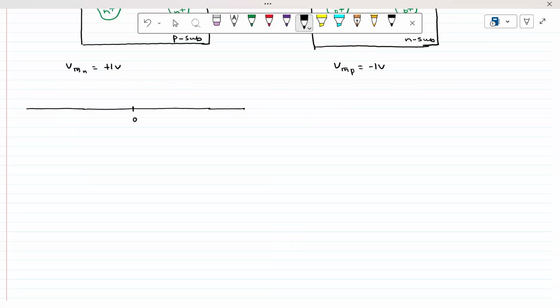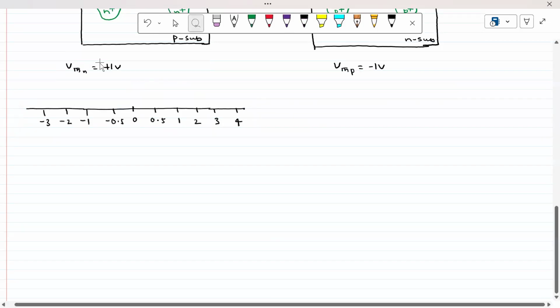This is 0.5 volts. This is 1, this is 2, this is 3, this is 4. Let us come here: minus 0.5, minus 1, minus 2, minus 3. Let me copy the same thing and paste it here.